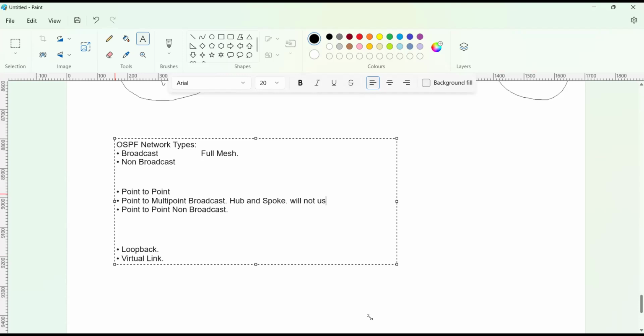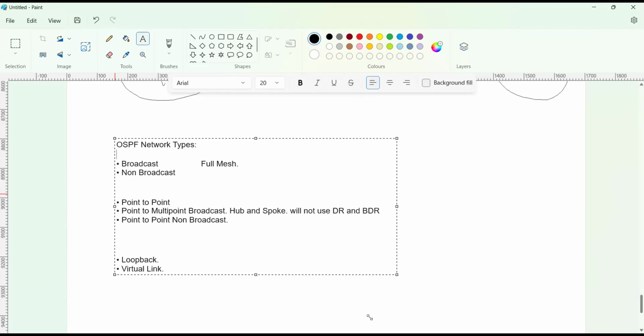But in these two types, full mesh topology only, we will use DR and BDR. By default, the network type is broadcast.